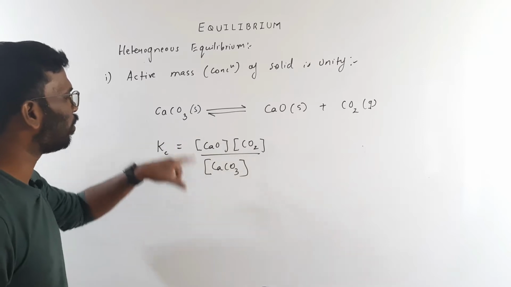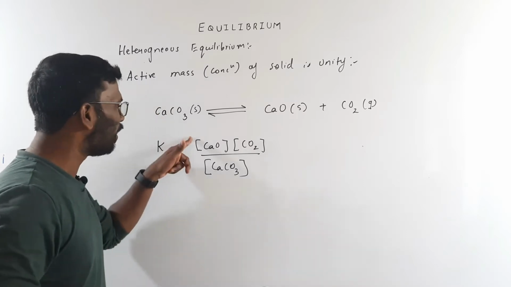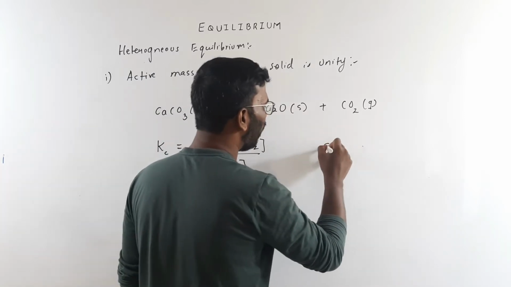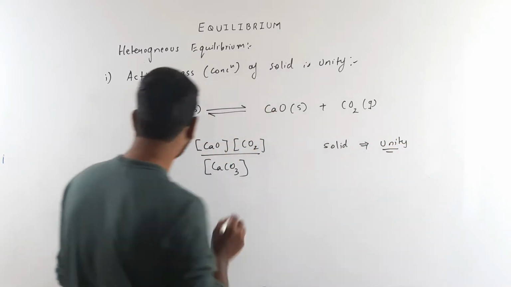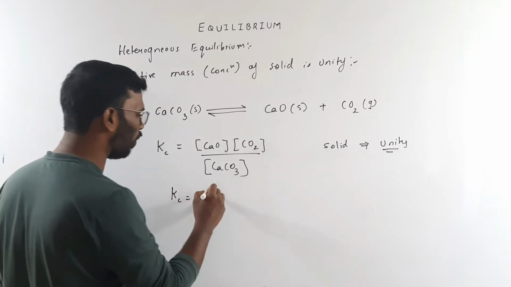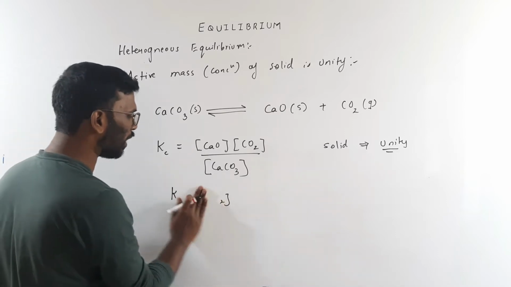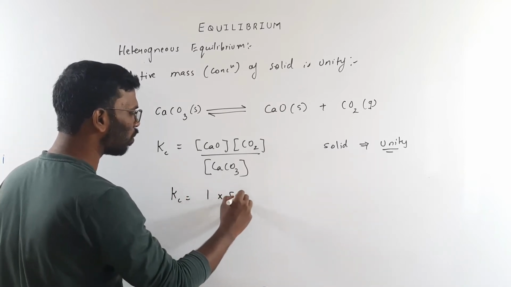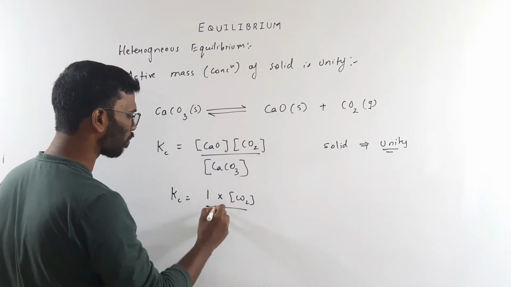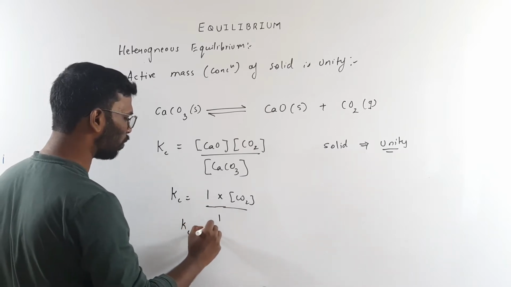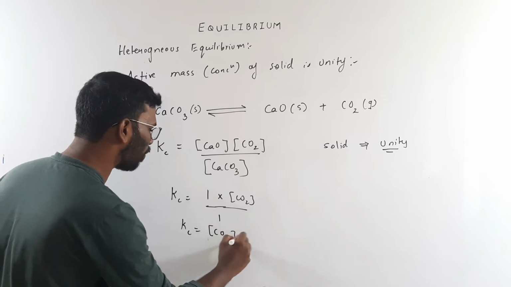Here calcium carbonate and calcium oxide are in the solid phase, so we consider the solid phase concentration to be unity, meaning 1. So Kc will be equal to 1 times the concentration of carbon dioxide divided by 1. Therefore, Kc will be equal to the concentration of carbon dioxide.